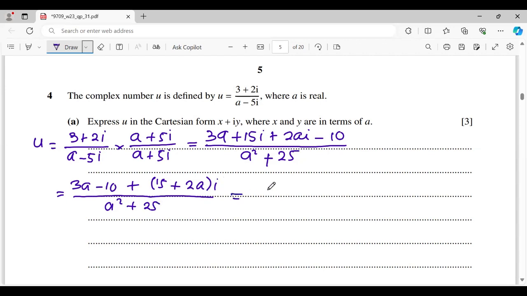So I can write it like this: 3a minus 10 over a squared plus 25, plus 15 plus 2a in brackets over a squared plus 25, times i. So this is x, this is y.